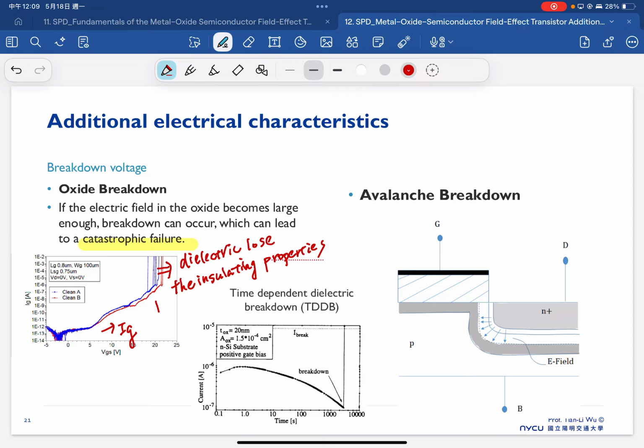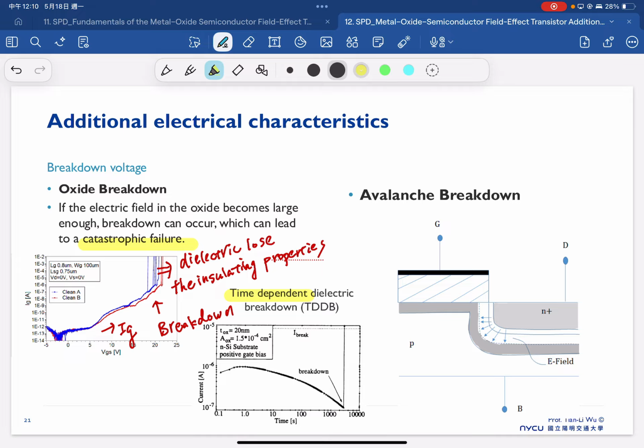So the oxide breakdown is not only related to the bias, but also related to time. Therefore, there's a very well-known reliability issue that we call the time-dependent dielectric breakdown, TDDB.